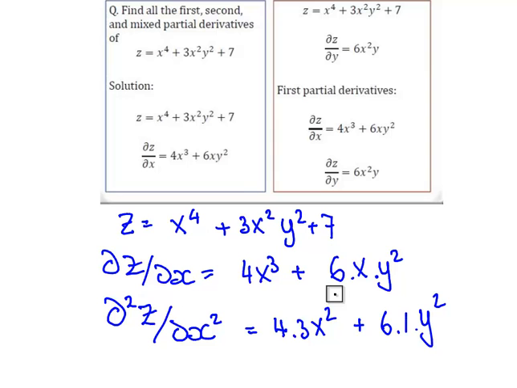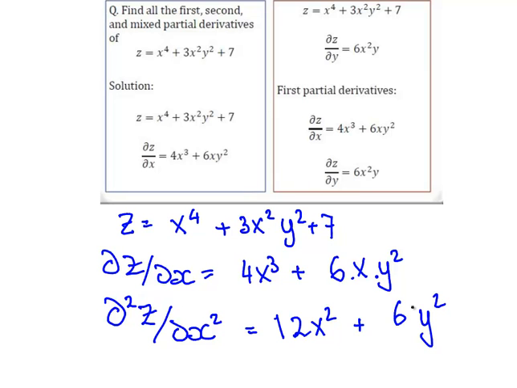Let's just simplify that. The 4 times 3 becomes 12, and the 6 times 1, because the derivative of x is just 1, is just 6.